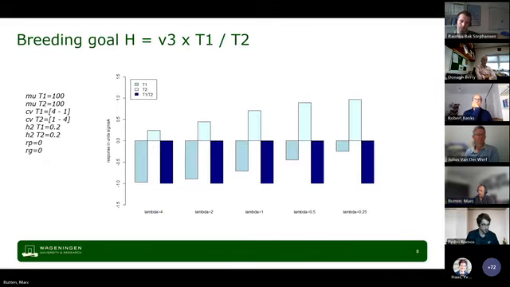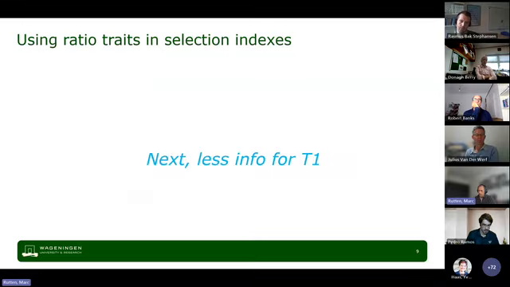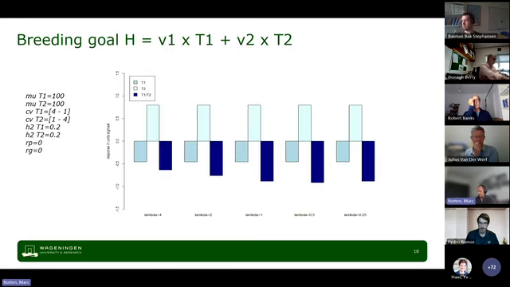So moving a little bit to a more practical scenario where we have less information for trait 1. In this case, if we think about a methane trait, there are some measurements around in some countries, but not as much as, for instance, milk, as we considered in this case. So in the next 2 slides, we have basically the same graphs as before, but now with less information for trait 1.